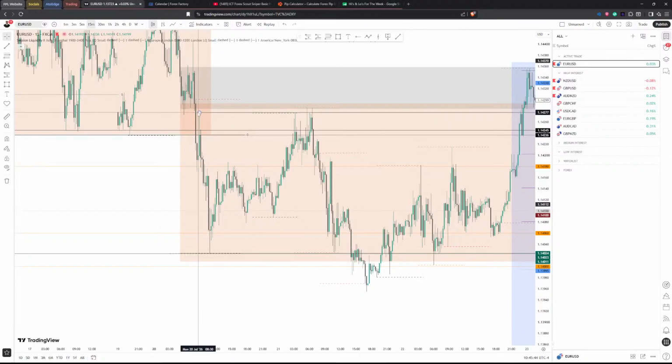Interesting, eh? It's not just an ITH, it's also equal highs with this Asia session high here, and we swept that. So we didn't just sweep the ITH, we swept the ITH alongside equal highs, and that's what then fueled it, and we displaced instantly.